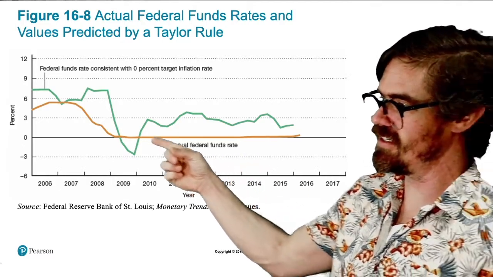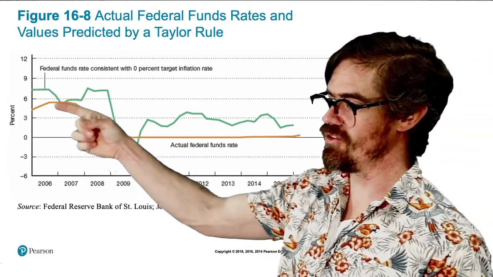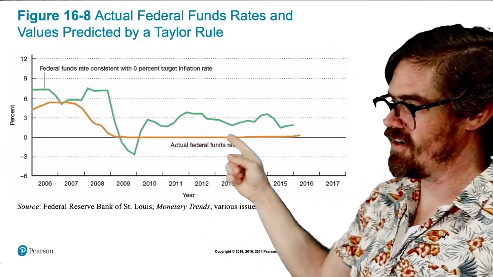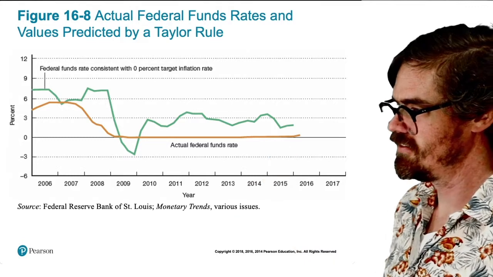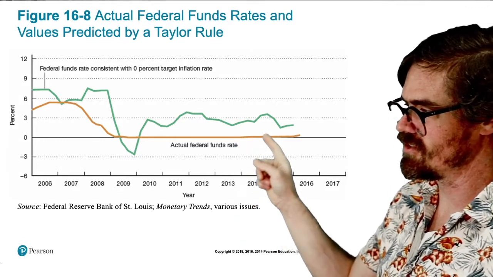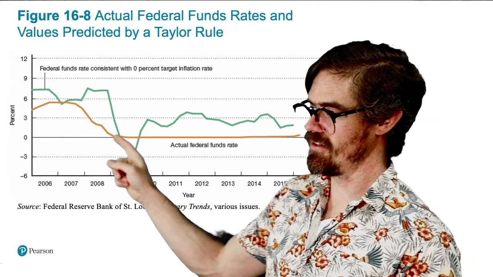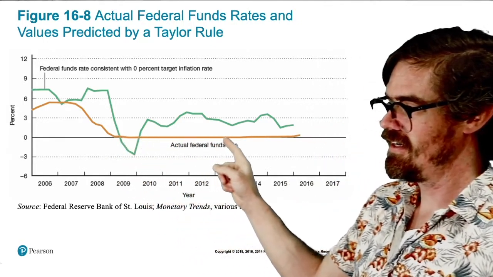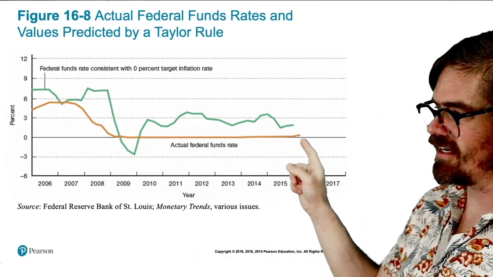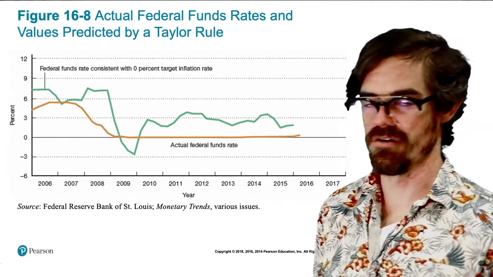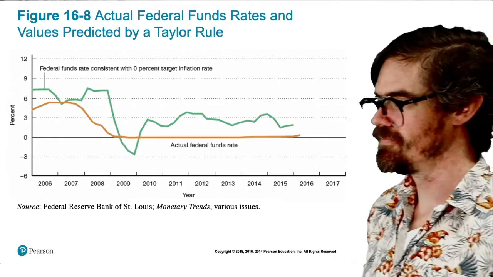So you can see that the Fed loosely follows the Taylor Rule, but it hasn't really followed it in recent years. In fact, the federal funds rate has been close to zero ever since early 2009, and it only recently started to go back up around the beginning of 2016. And now it's at zero again, actually.